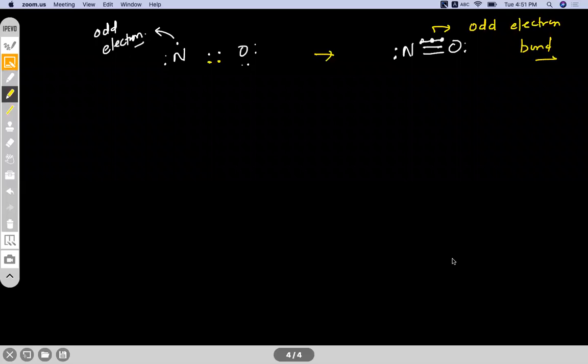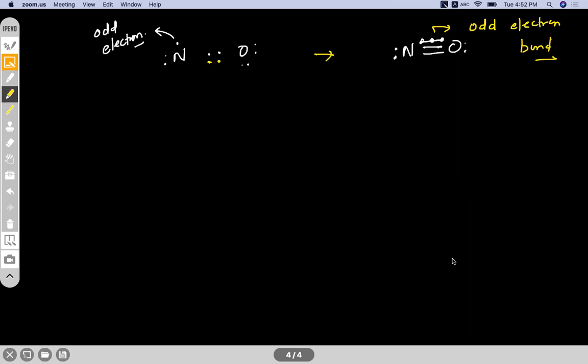Okay, one last point you write down. Compounds containing an odd electron bond are paramagnetic in nature, since they contain an unpaired electron.